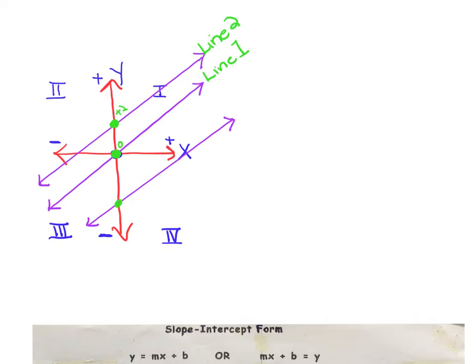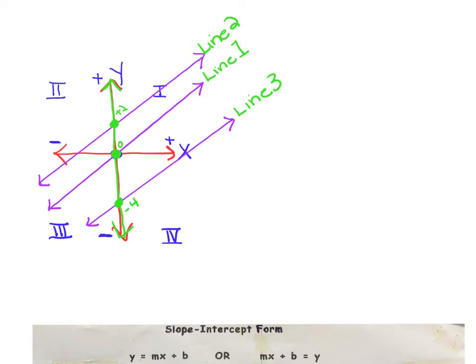And your third line should have a y-intercept of about a negative 4. Remember, the y-intercept is where that line crosses the y-axis, that nice vertical axis. And this line we will call line 3.